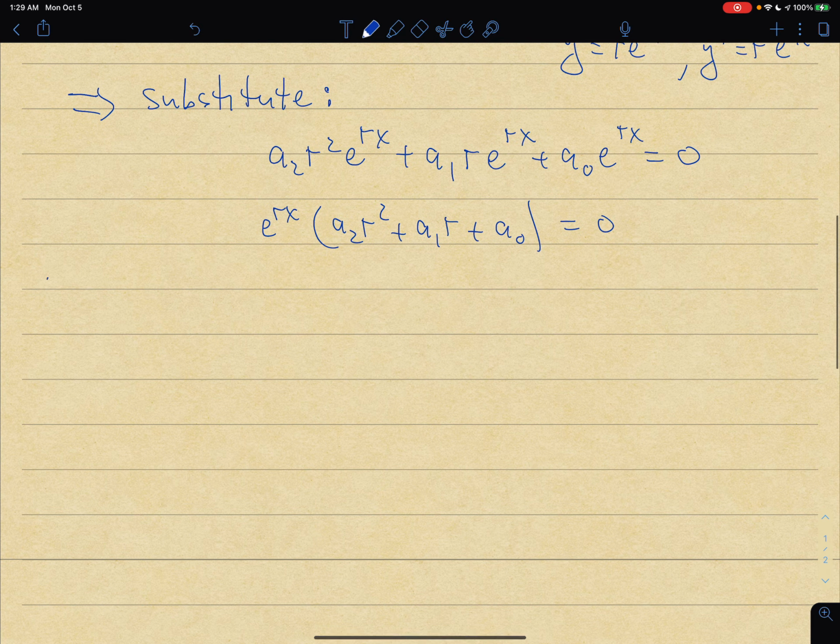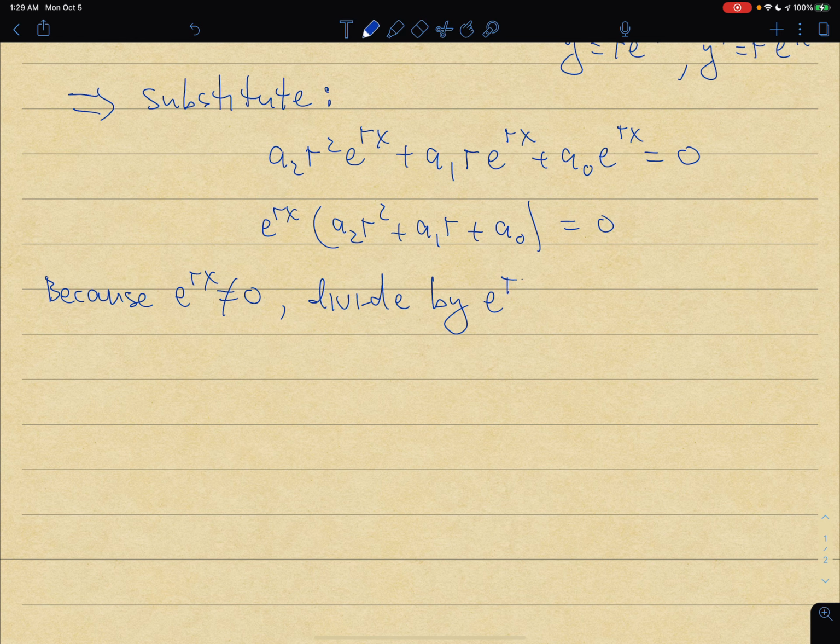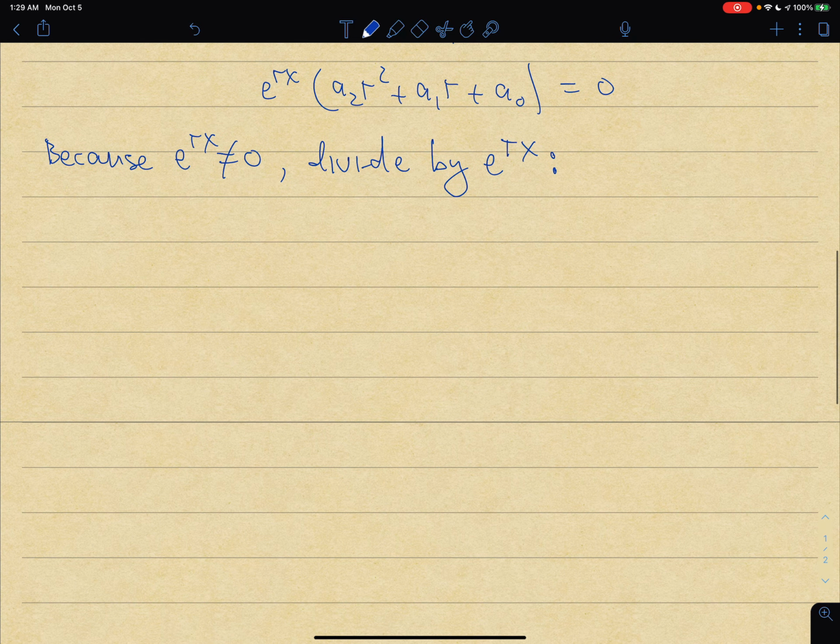So because e to the rx is not equal 0, I can divide this by e to the rx, and once I divide both sides by e to the rx, I'm going to get a2r squared plus a1r plus a0 equal to 0.